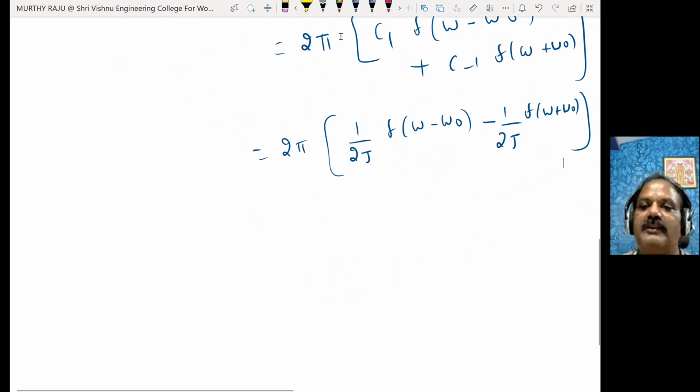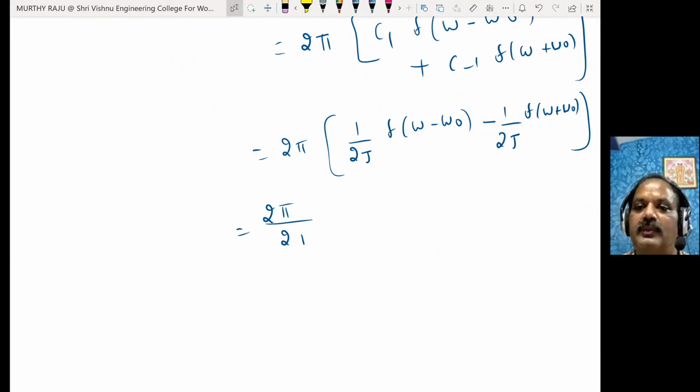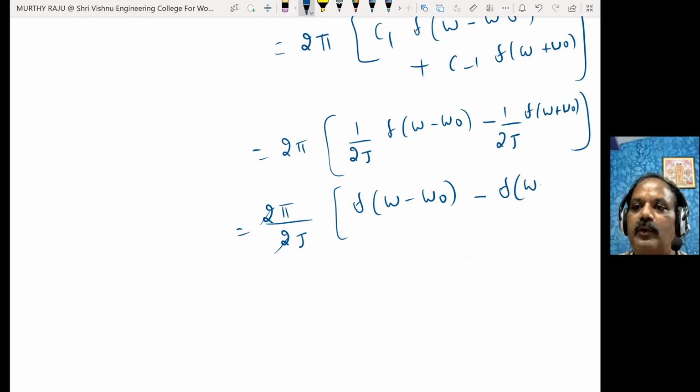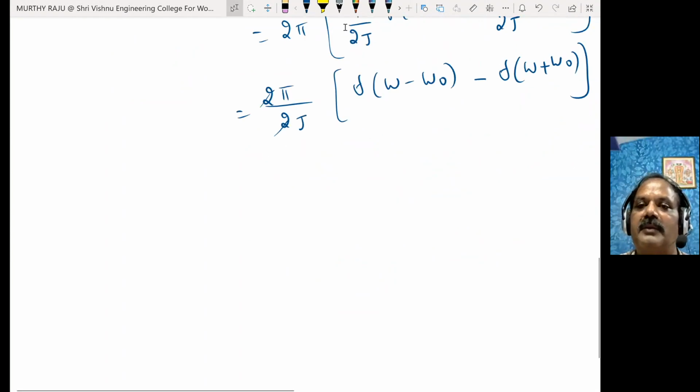Bring 2j outside: 2 pi by 2j, the 2 cancels, delta of omega minus omega naught minus delta of omega plus omega naught. Numerator and denominator are multiplied with j.